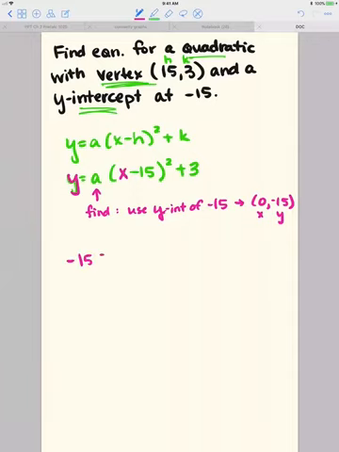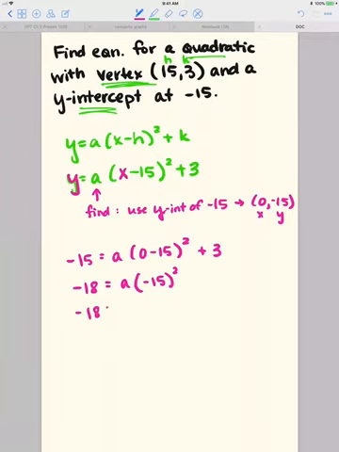So we get negative 15 equals a times (0 minus 15) squared plus 3. Again, following order of operations, we'll subtract over the 3. 0 minus 15 is negative 15, but 15 squared is positive 225. And then when you divide both sides by 225, I don't know that it reduces.